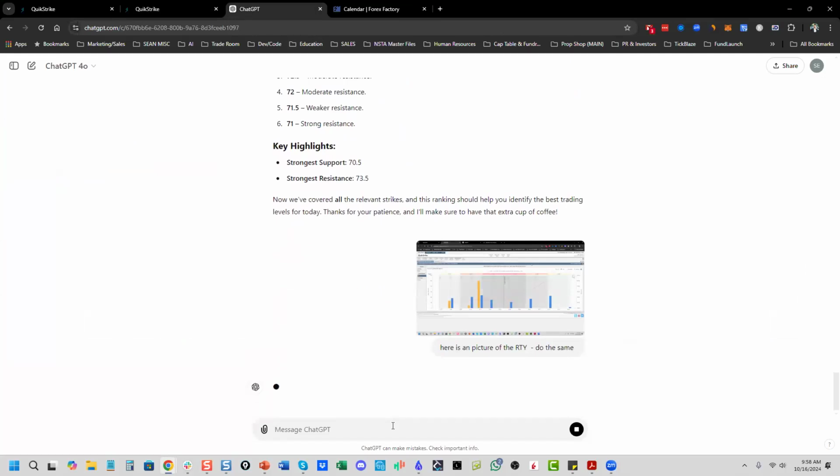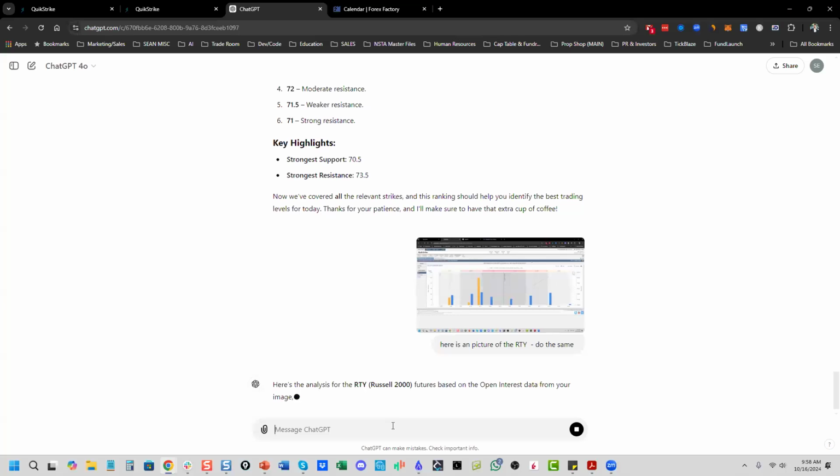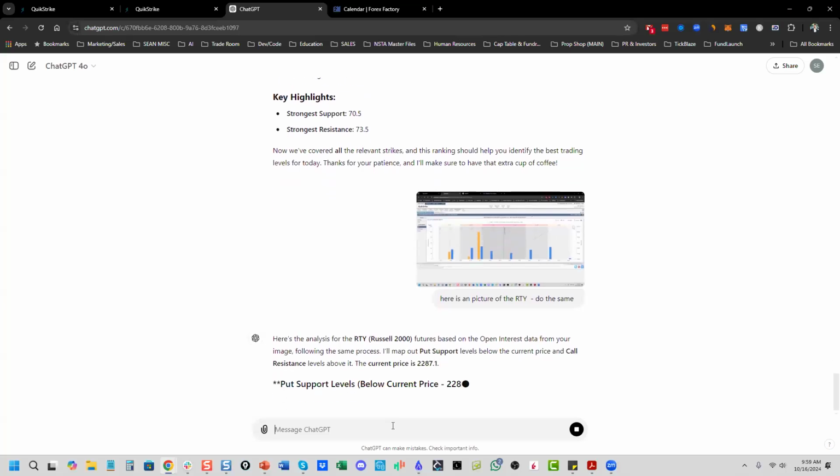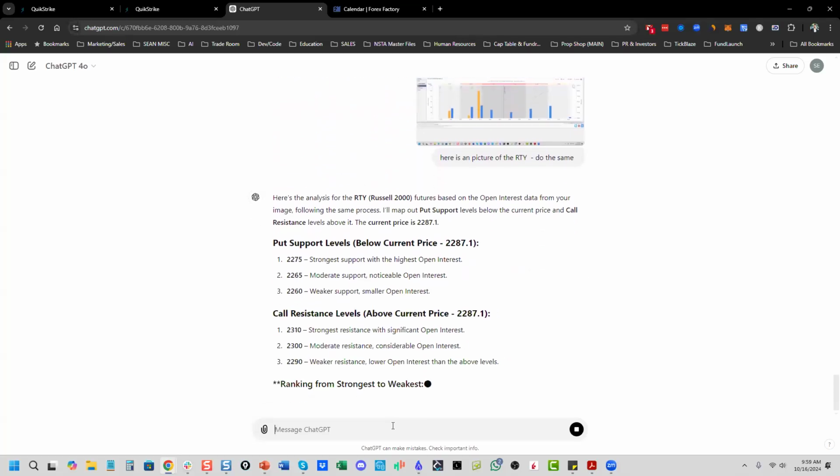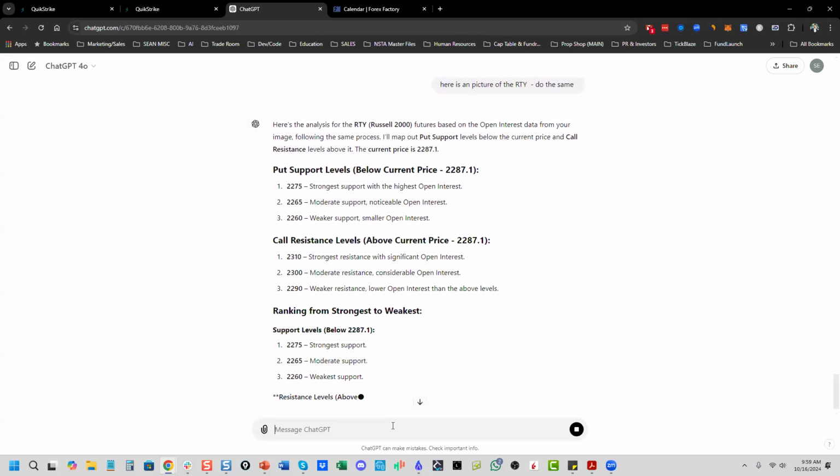Once you've given it a prompt and it understands the conversation, it knows what you want, and then just go in and ask what's the current price on the Russell? $22.89.